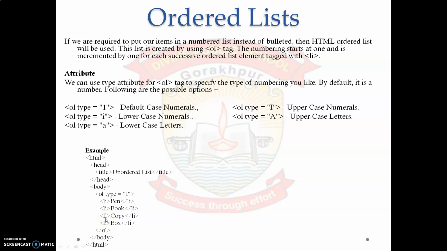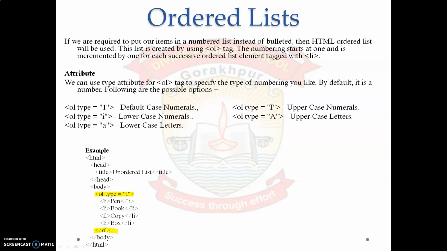Between the ordered list and unordered list we have to change only this one, this one, this one, this and this. These two. When we are creating an ordered list, we have to write ol type equal to whatever type we want.